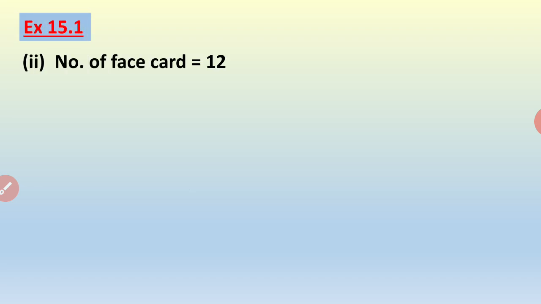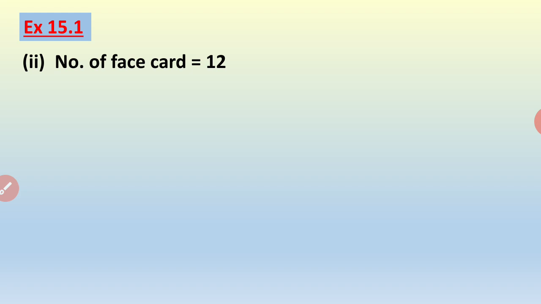The next question is the probability of a face card. So let us discuss what face cards are. Face cards are nothing but the cards which have the faces of the king, queen and the jack. So in all they are 12 in number because you have 4 designs and 3 types.